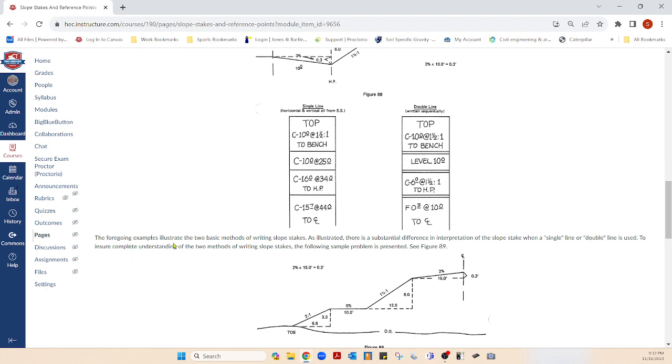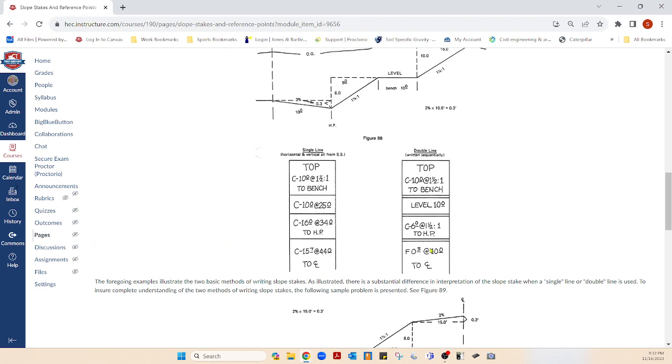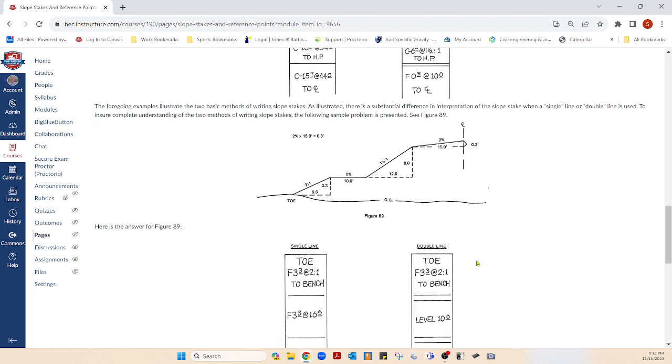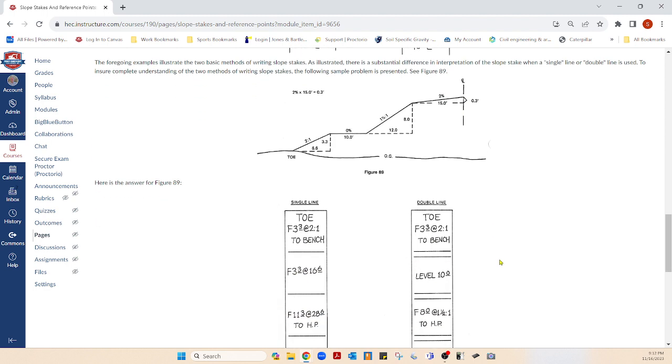Now, the foregoing examples illustrate the two basic methods of writing slope. There's a substantial difference in slope in a single line, double line. To ensure complete understanding of the two methods of writing slope, the following sample problem is presented. And that is figure 89. We're not doing anything different. We're just repeating this repetition.